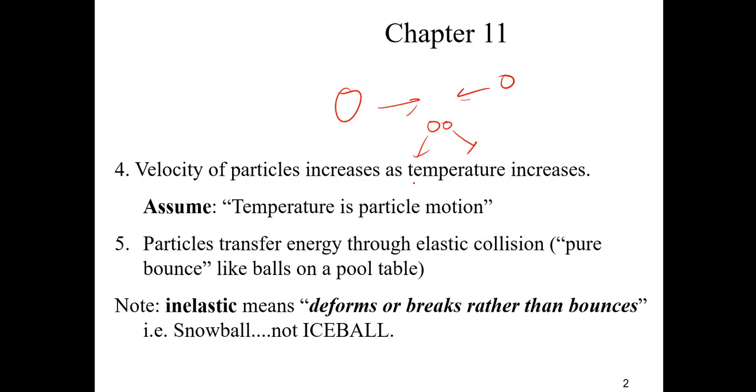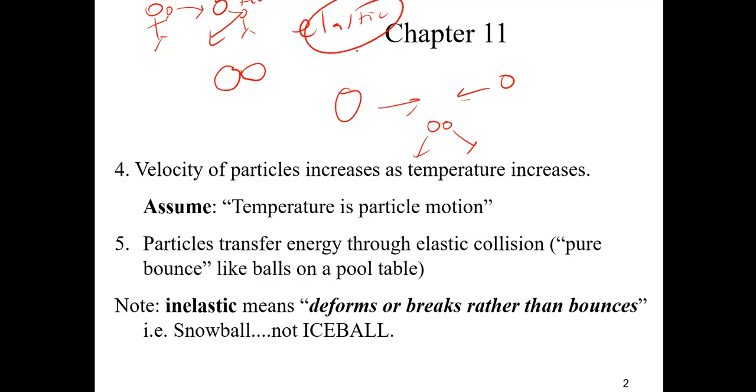Now, there's different types of particles bouncing against each other. You can have particles where they're very rigid. So think of a boy in the mountains, and he's throwing an ice ball. That's very rigid, and it's going to hurt his little brother if it bounces off. So anything that has a perfect bounce we call elastic. Now, if you were to have a snowball, it would actually crumble away.